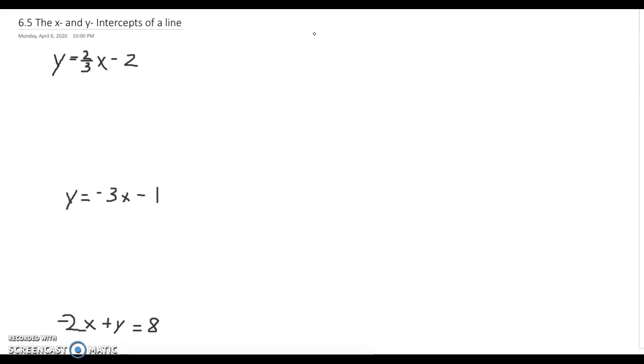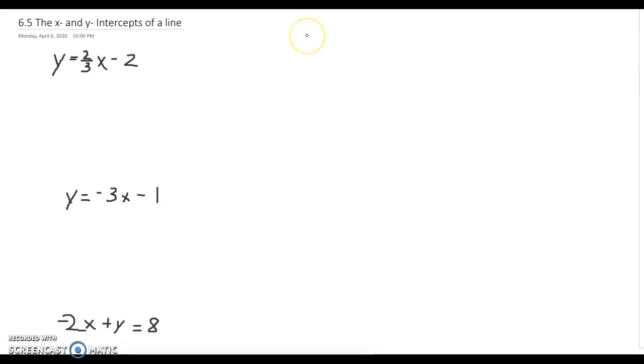Meaning we're going to put 0 in for x, and then solve for y. And then we're going to put 0 in for y, and then solve for x. So you're going to do each equation twice, because you have to be able to find the other point for y and for x.